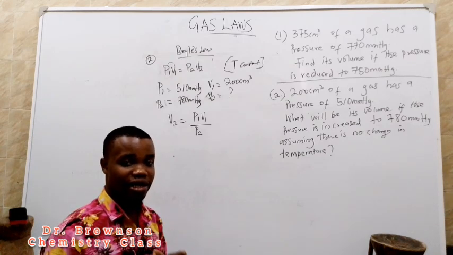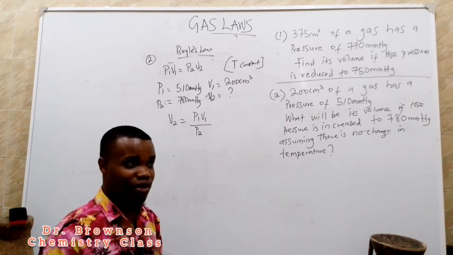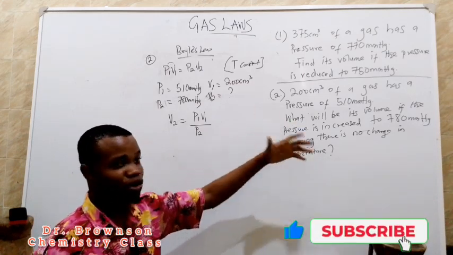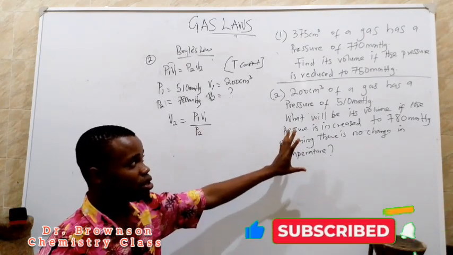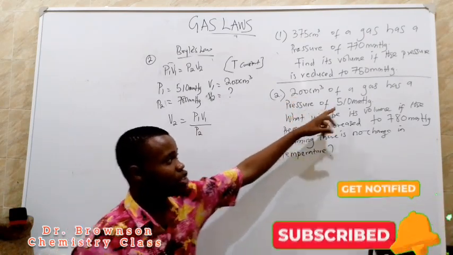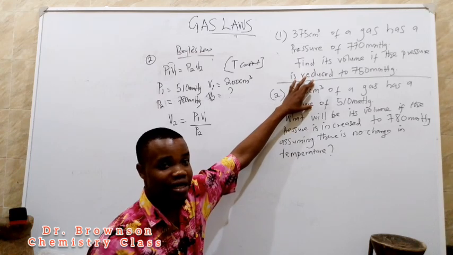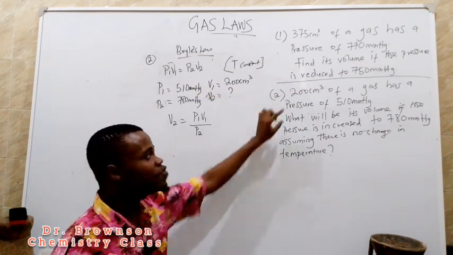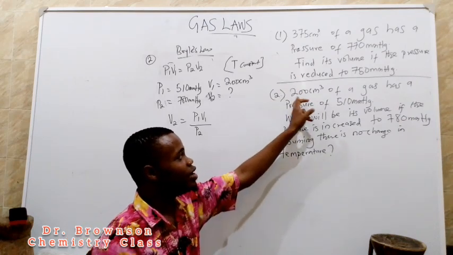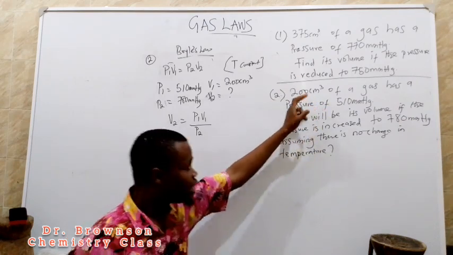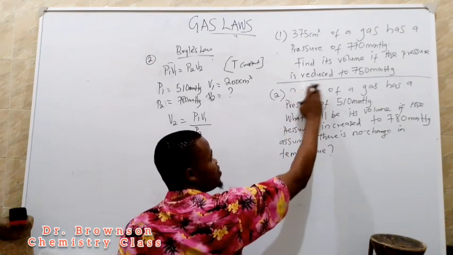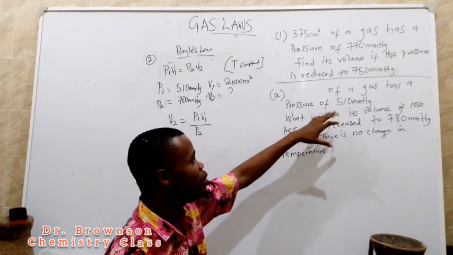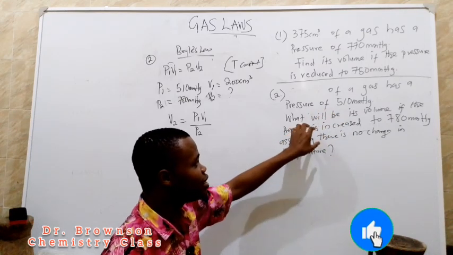And even abroad, you have limited time to answer questions. So you can't be wasting time in the exam hall thinking about what to do and what not to do. I've told you the easiest approach. Once you see volume and pressure attached together in the first part of the question, that becomes your first parameter. But assuming the volume was not given there, and they say a gas has a pressure of this, then what would be its volume.